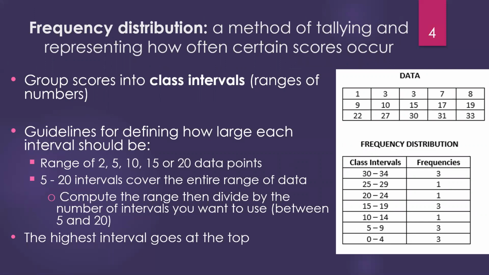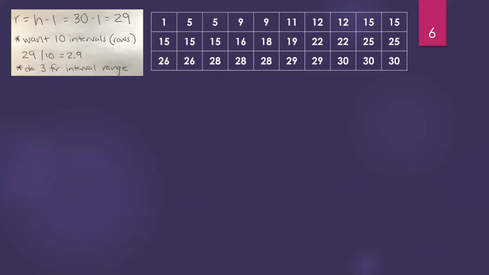So if you're going to include 0, make sure that you count that as a value. 0 to 4, that's 5 different values. 5 to 9, that's 5 different values, right? It's inclusive of the 5 and the 9. 10 to 14 is 5 different values: 10, 11, 12, 13, 14. Same thing for the other ones, right? So the ranges need to be exactly equal for each class interval.